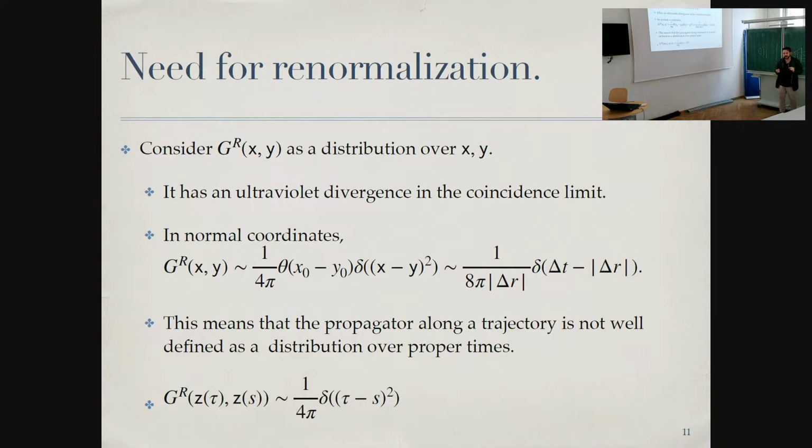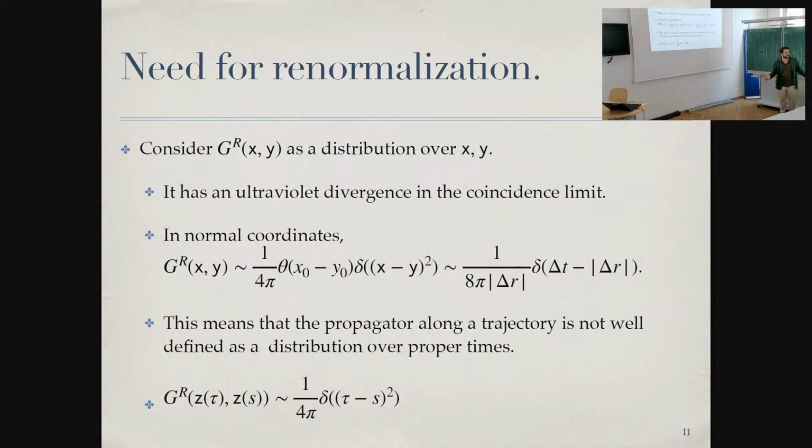Now let me talk about the need for renormalization here. This happens with all these kinds of distributions that you find in field theory, but I'm going to constrain the analysis of the problem to this particular model. So if we consider the retarded propagator as a distribution of x and y, one can see that it has an ultraviolet divergence in the coincidence limit.